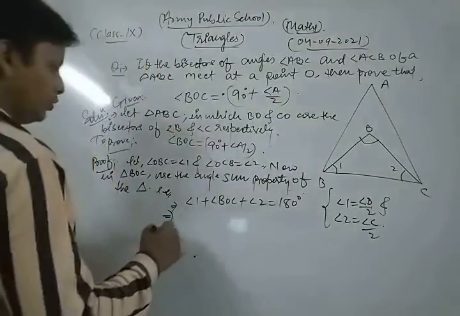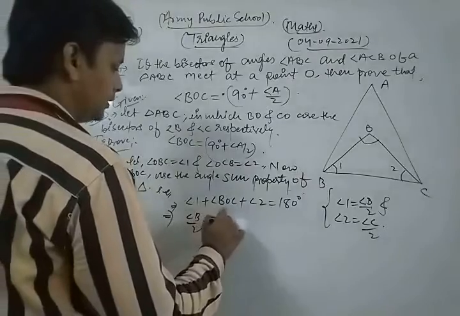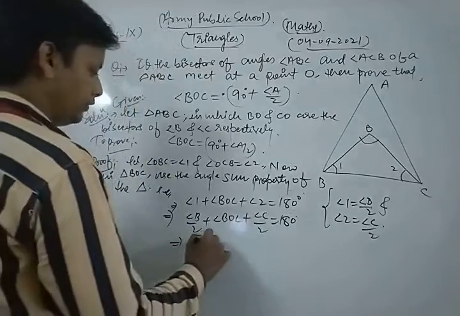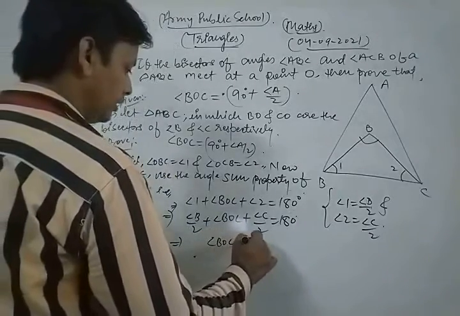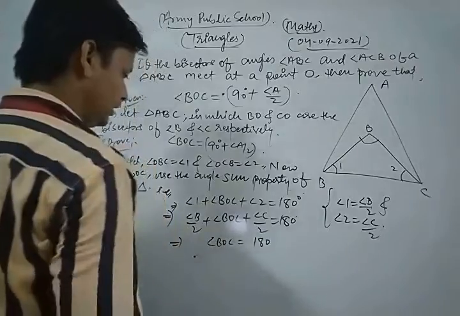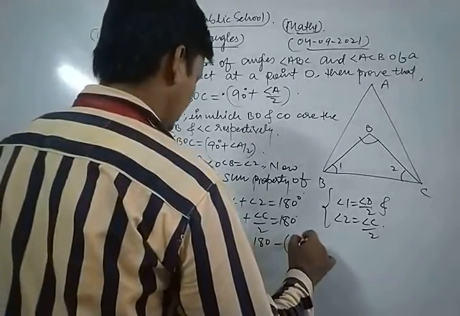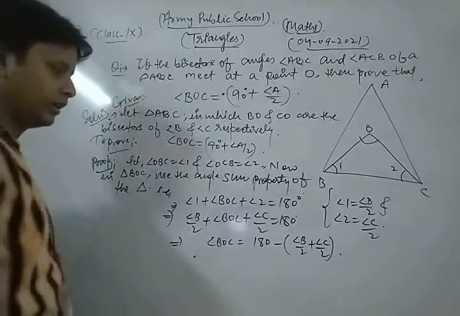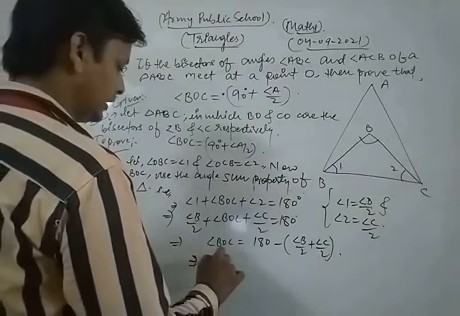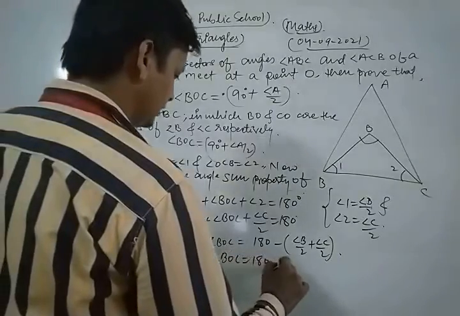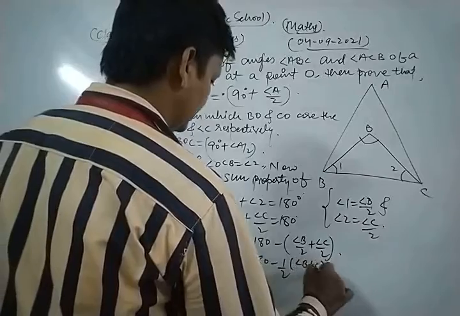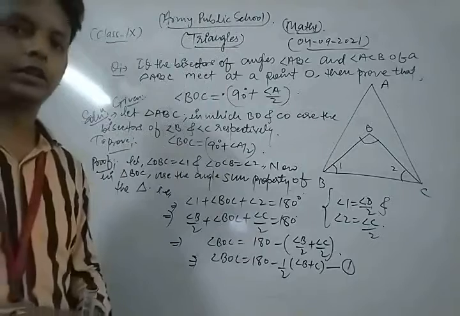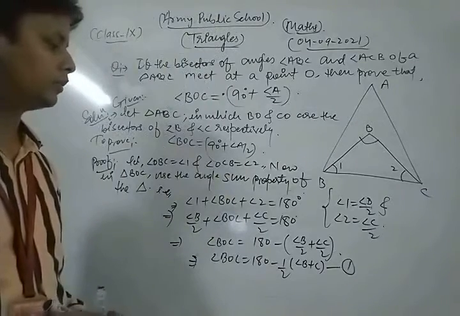So now look, half of angle B plus angle BOC plus half of angle C is equal to 180. So from there we find angle BOC is 180 degrees minus half of angle B plus half of angle C. Now we can write angle BOC is equal to 180 minus half, taking 1/2 common, of angle B plus angle C. We take this as equation number 1.